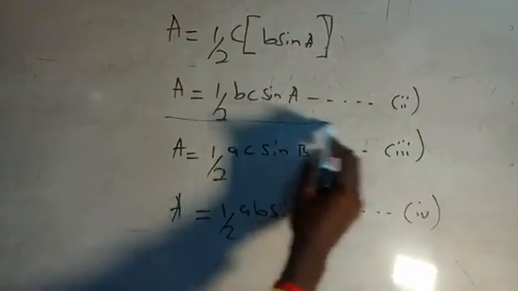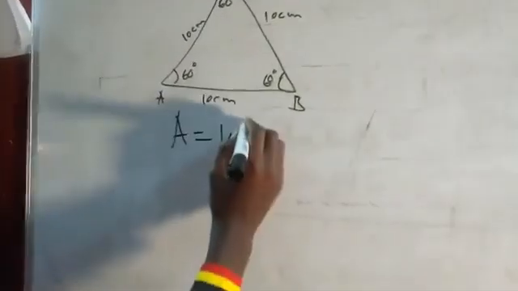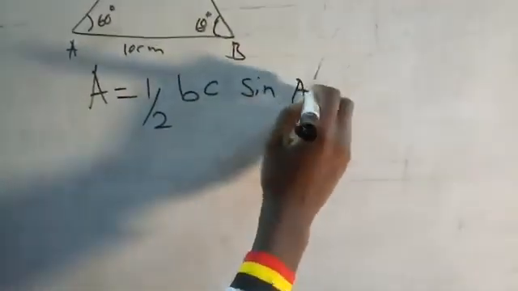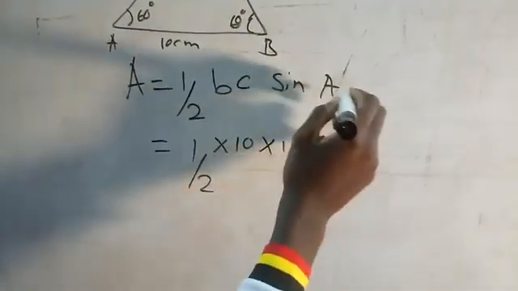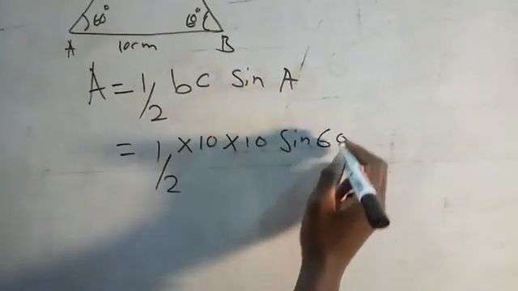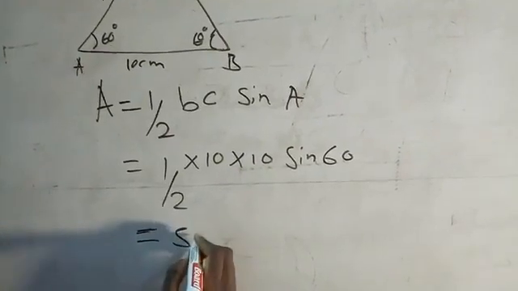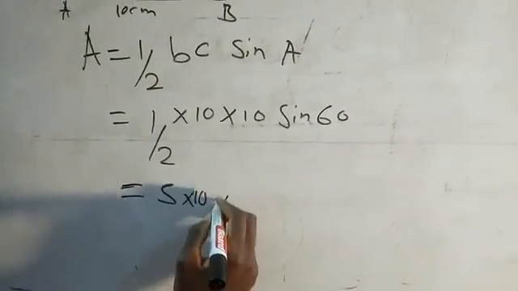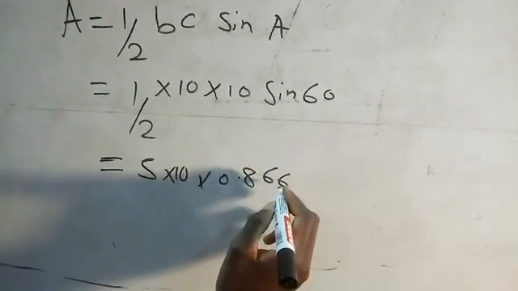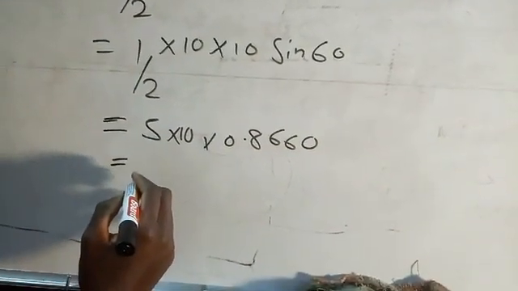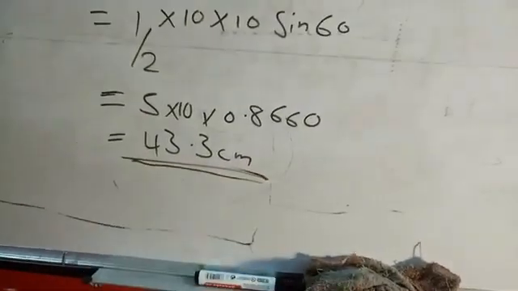Let's take the one here, which will be area equal to a half BC sine A, becoming a half times 10 times 10 sine 60 degrees, which will be 5 times 10, and the sine of 60 is 0.8660, getting the answer as 43.3 centimeters squared. So this is our area here.